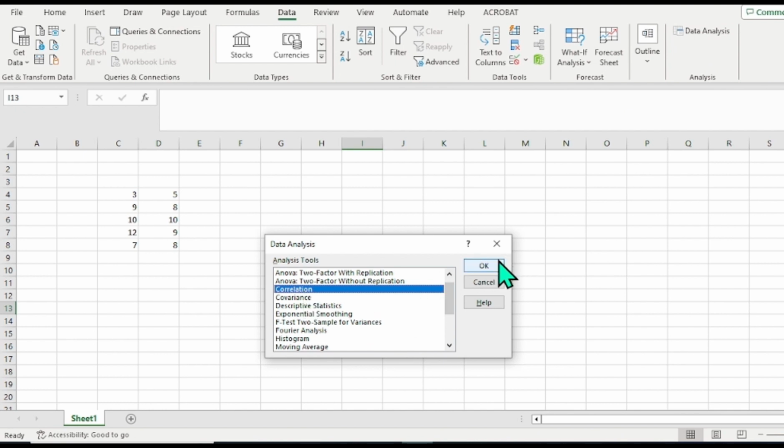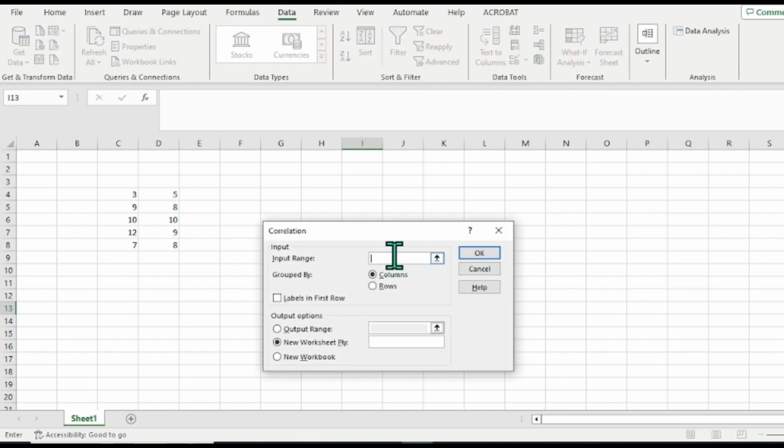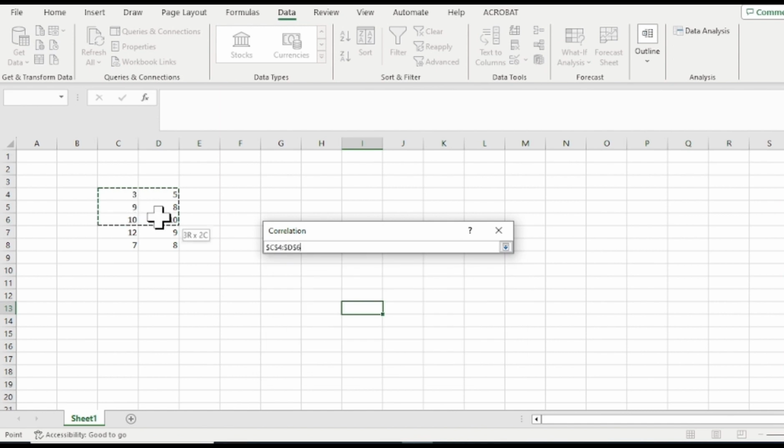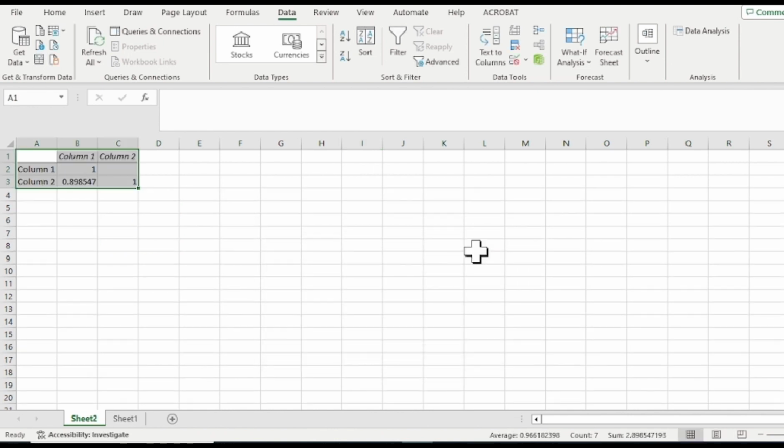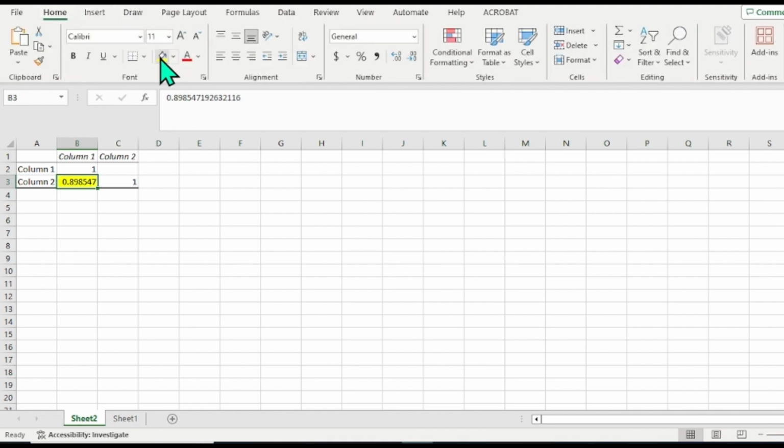Input range, highlight this data. Kung isasama nyo yung name, check ito, Labels in First Row. Pero kung hindi nyo isasama yung name sa taas, uncheck. Then, okay. So, our answer is 0.898547. Kapag ni-round off natin yan, this is equal to 0.90.